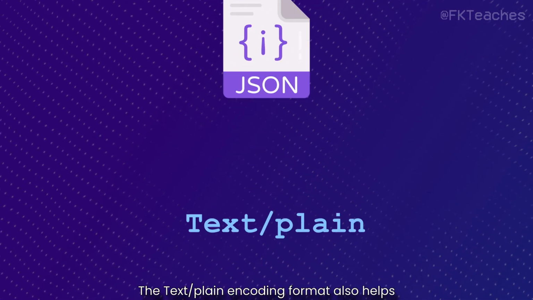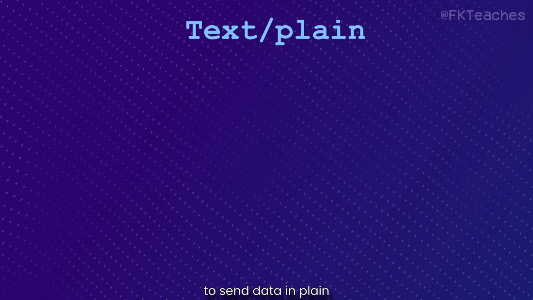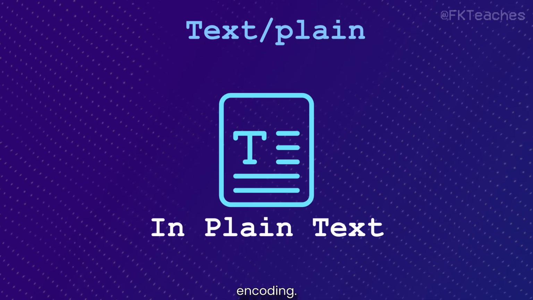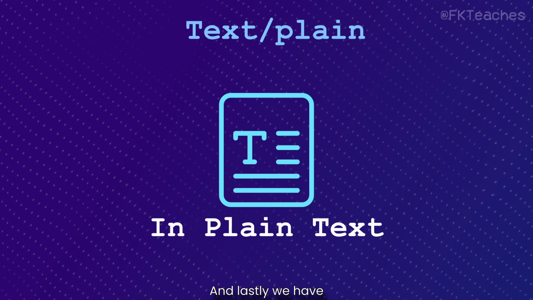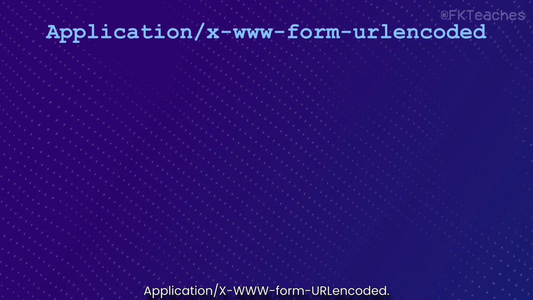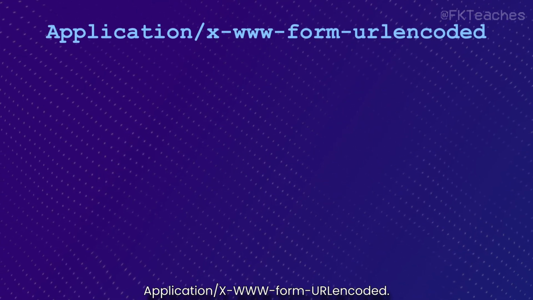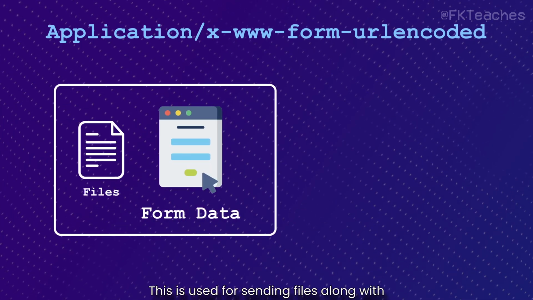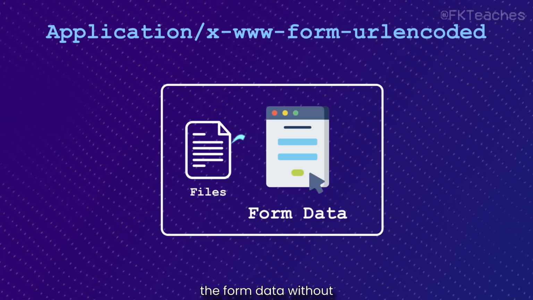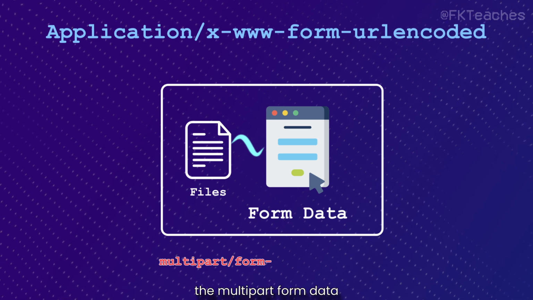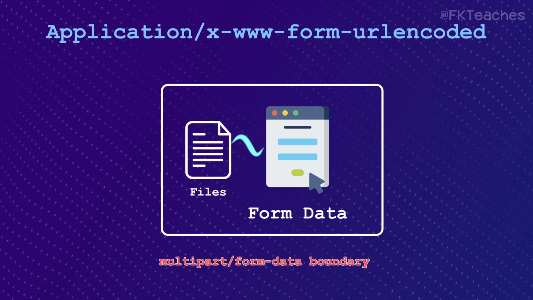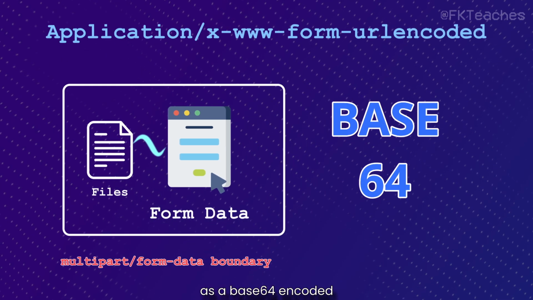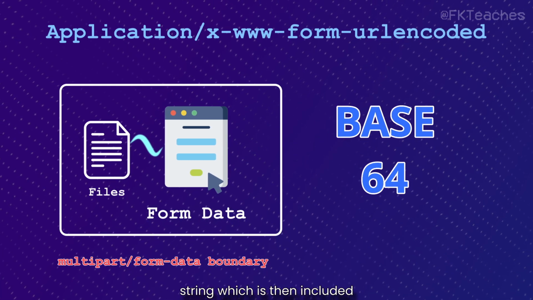The text/plain encoding format also helps to send data in plain text without any specific encoding. And lastly, we have application/x-www-form-urlencoded. This is used for sending files along with the form data without the multipart form data boundary. This is achieved by sending the file data as a base64 encoded string, which is then included in the form data.